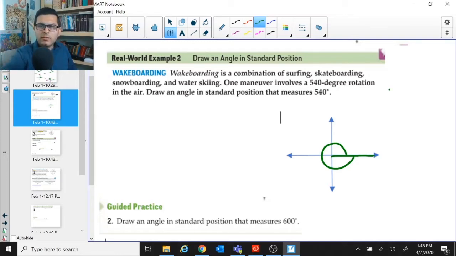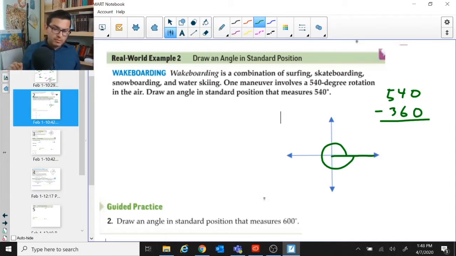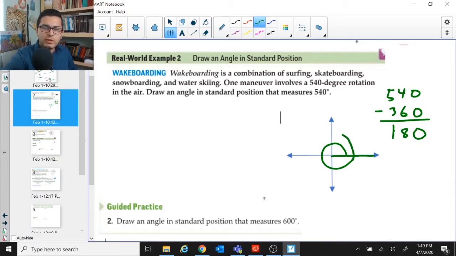So let's just take 540 degrees and subtract 360. What does that equal? 540 minus 360 is 180. That means above this 360 mark, we have to go another 180 degrees, and that would be our terminal side.